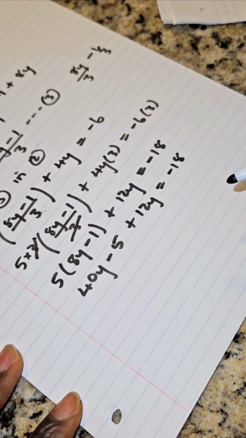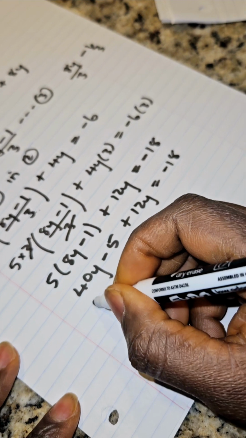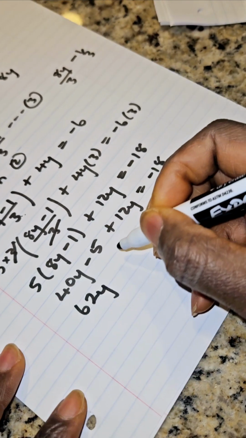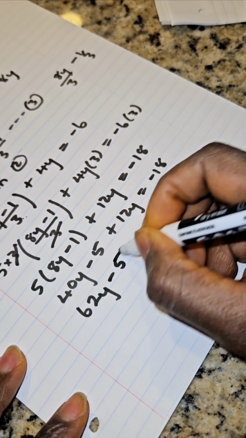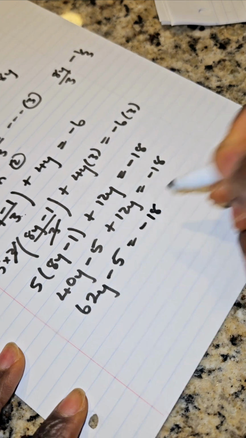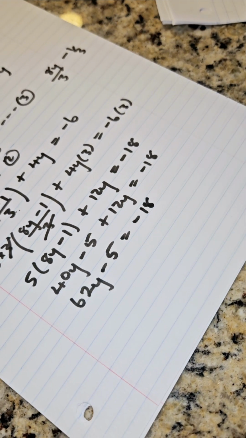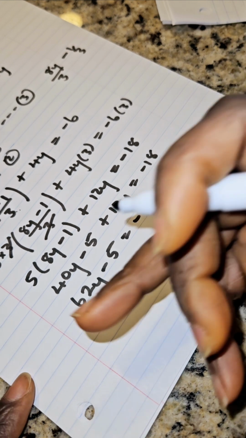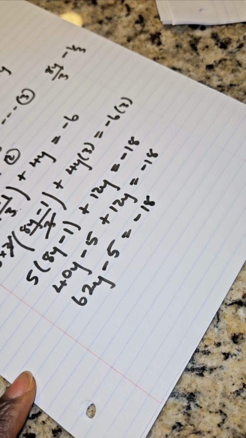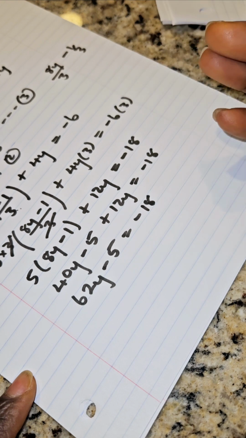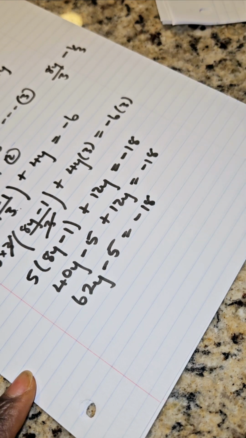Now 40y plus 12y equals 62y minus 5 equals minus 18. Now I will add 5 to both sides, or somebody from another world can clearly see if I take minus 5 across the equal sign, it becomes positive. And so this equation will just be 62y equals negative 18 plus 5.